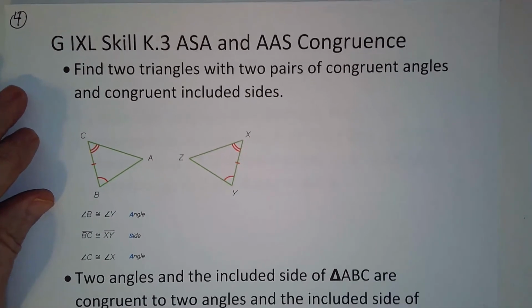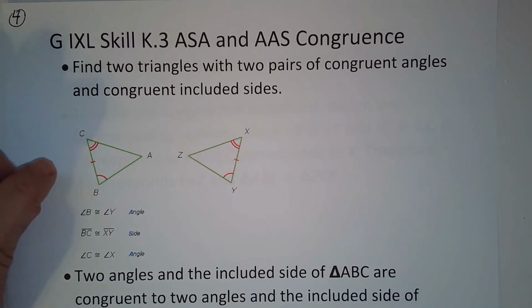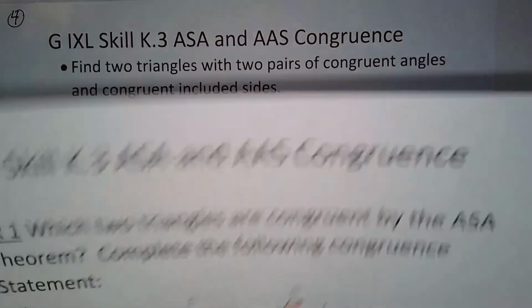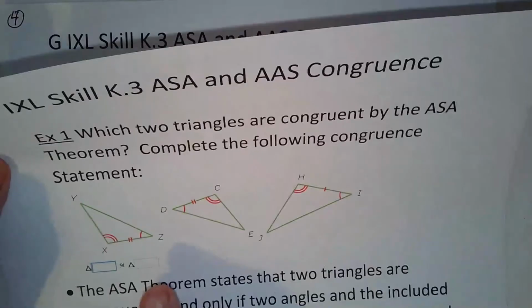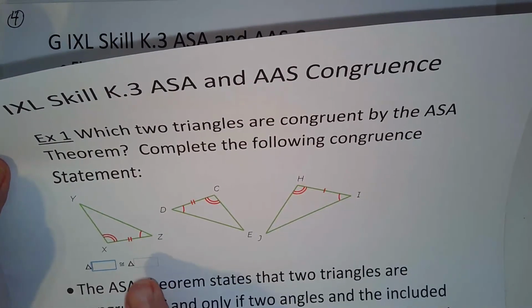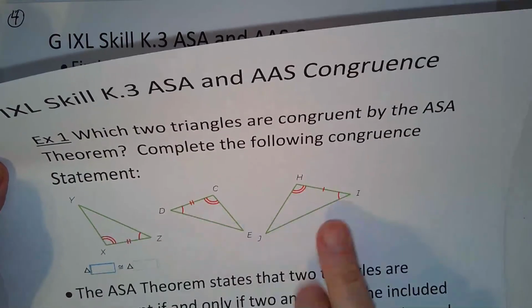So we want to find two triangles out of this group of 3 with 2 pairs of congruent angles and congruent included sides. If you look at your picture here, they all have an angle, side, angle, side, angle, side, angle.